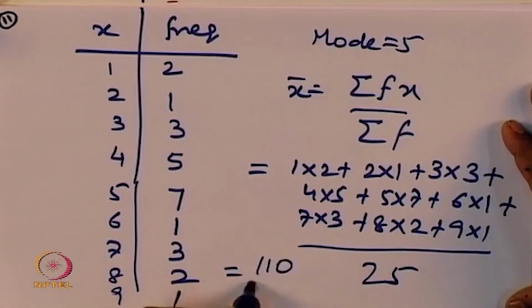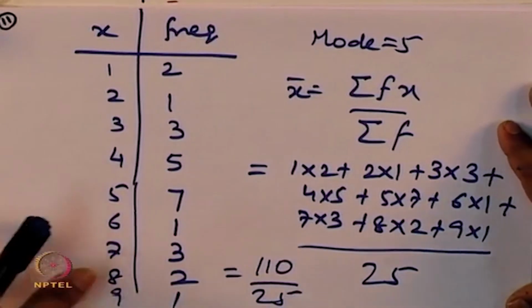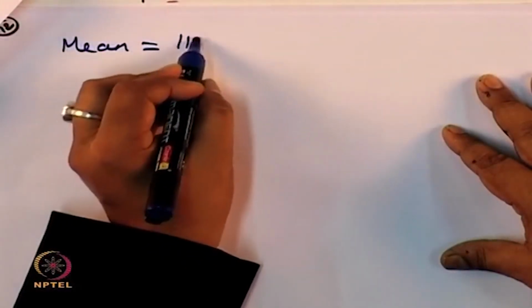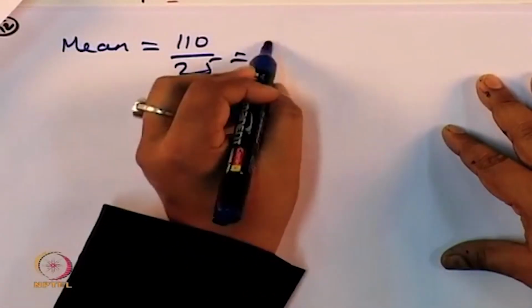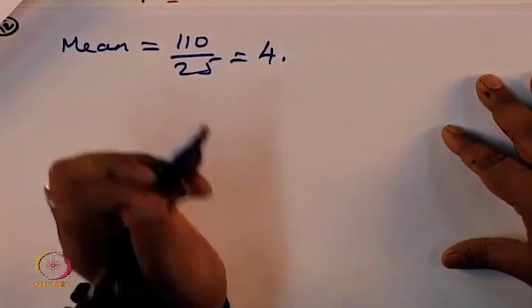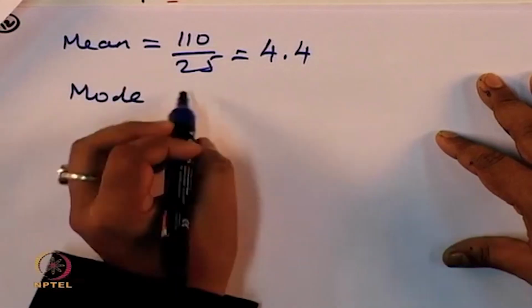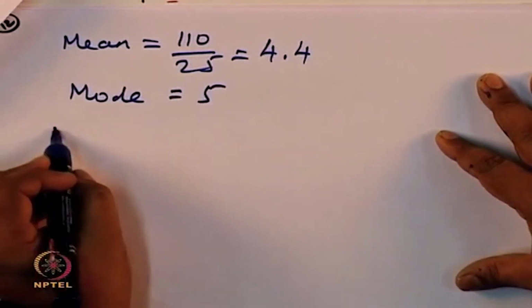So, it is 110 by 25. Okay, let us go to the next page. We had found the mean is equal to 110 by 25, which is 4.4. The mode we have found out as 5, and the median.